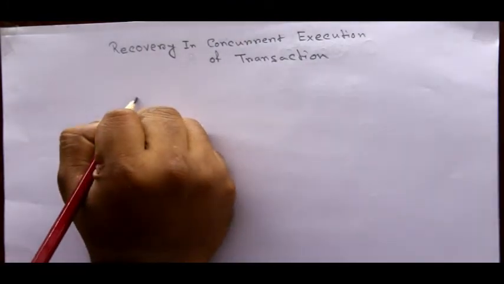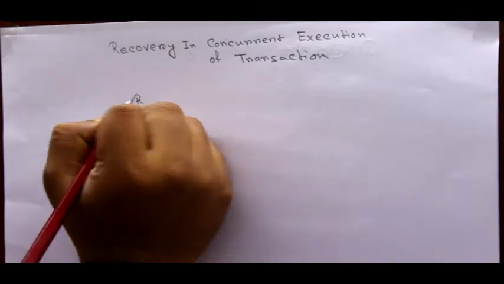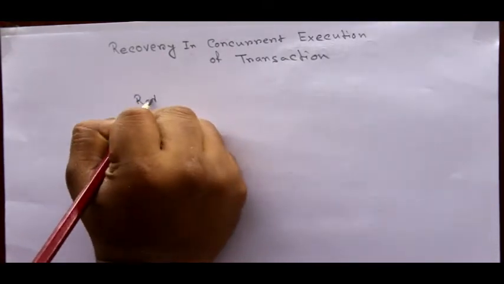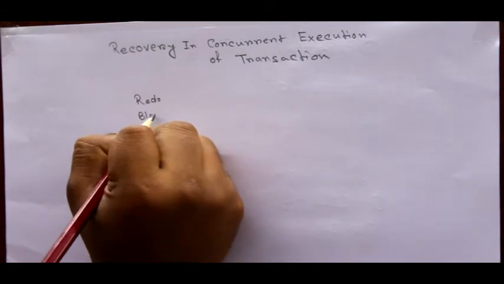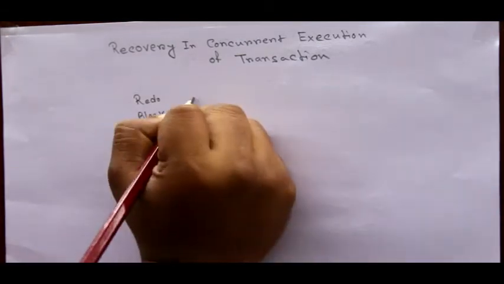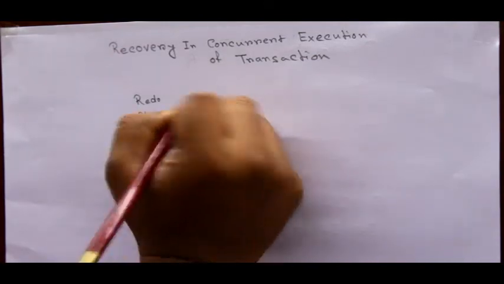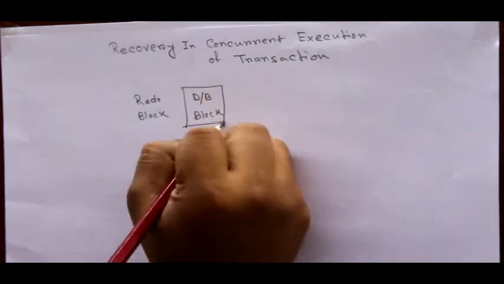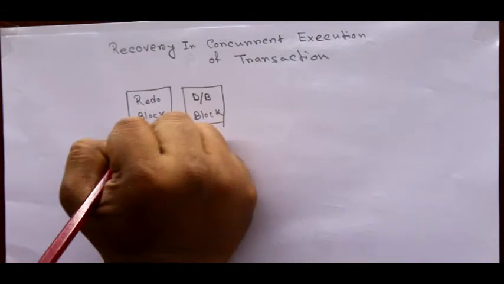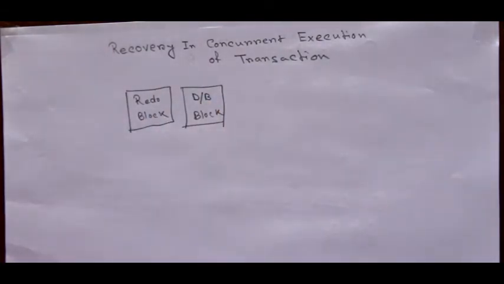There are some memory blocks which help the recovery process. Initially there are two memory blocks: the redo block and the DB block. So what is the redo block and what is the DB block?